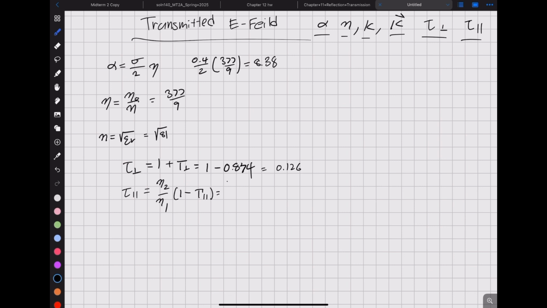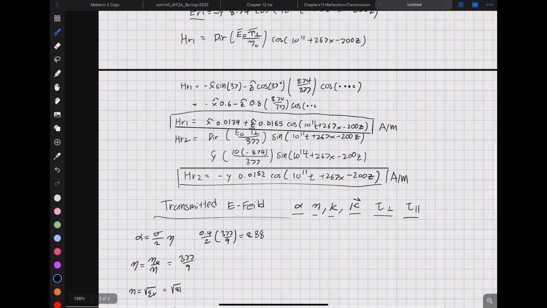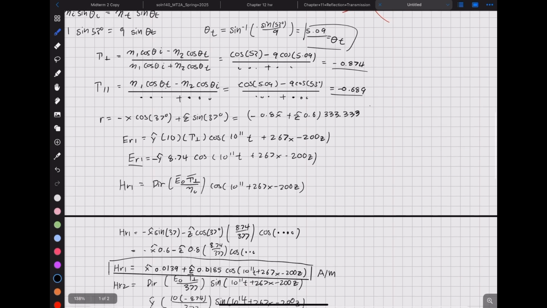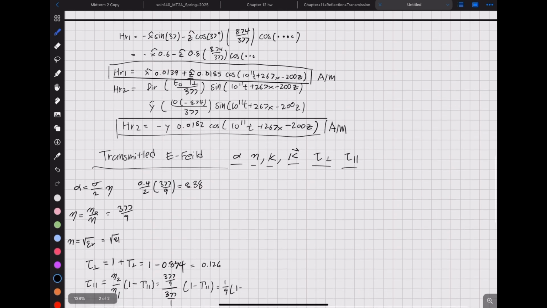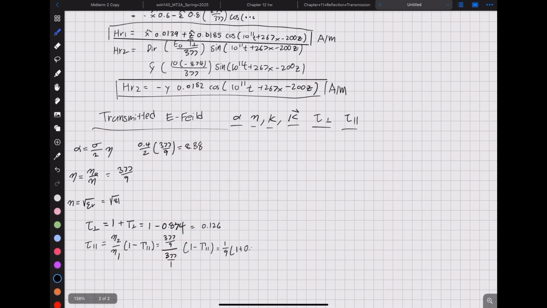So eta 1 over eta 2, we're going to have 377 over 9 divided by 377 over 1. Dividing that, we're going to end up with 1 over 9 multiplied by 1 minus the gamma parallel. So that's going to be 0.188.